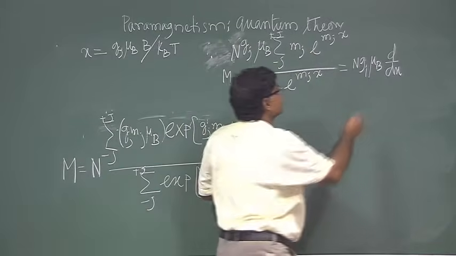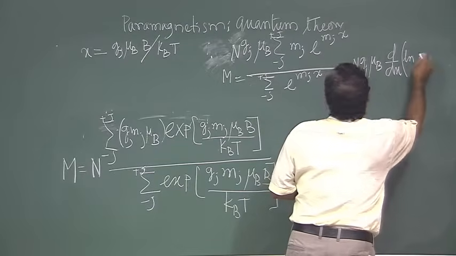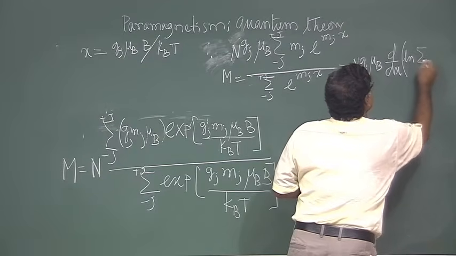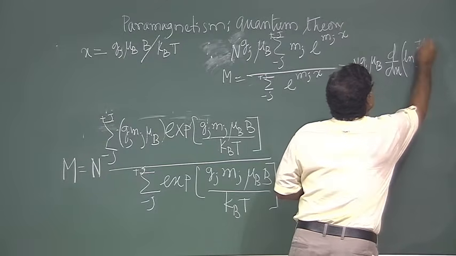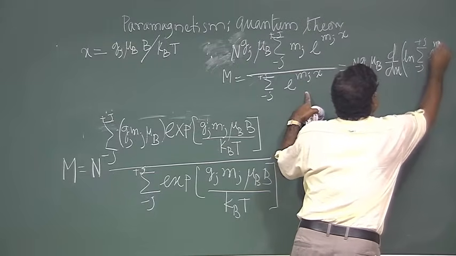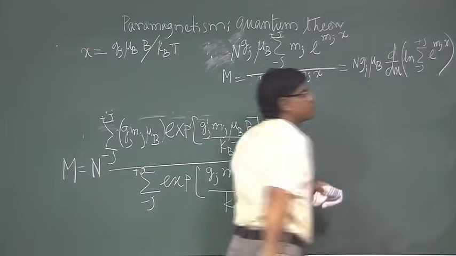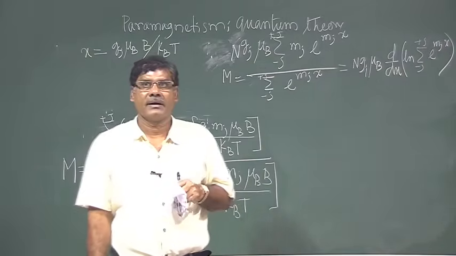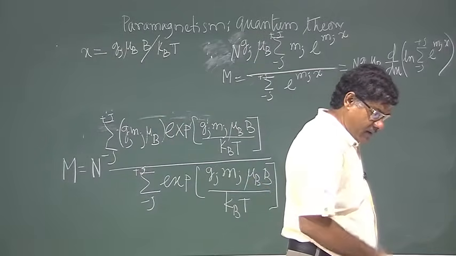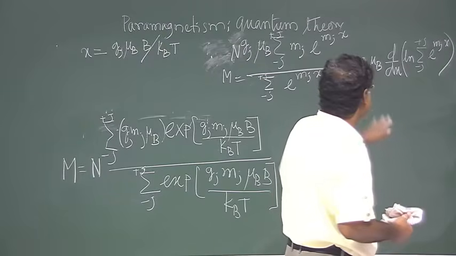So, this can be written as the differentiation of ln of the sum from minus J to plus J of e to the power mj x. Now you have to proceed and just explicitly write them.